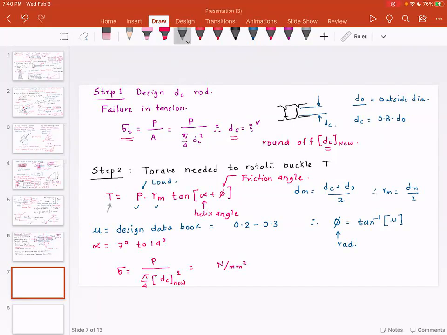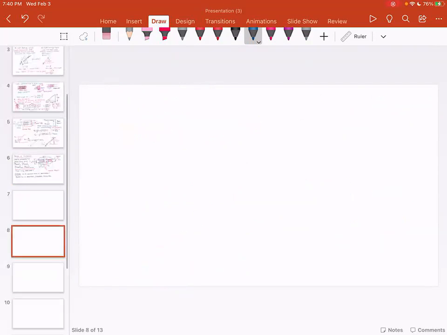Now with this torque, I can find out the shear stress using the equation for torsion. So, note value of T is known from the previous step.